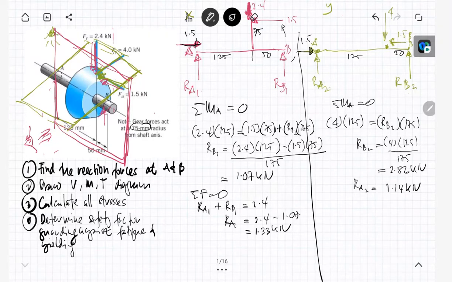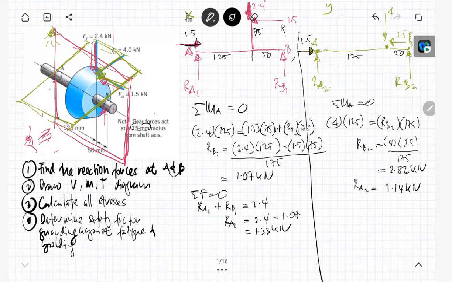So the axial load, the axial reaction at bearing A. So you get the reaction force at the bearing A and B in the different plane. Okay, now that's we have done in question 1.